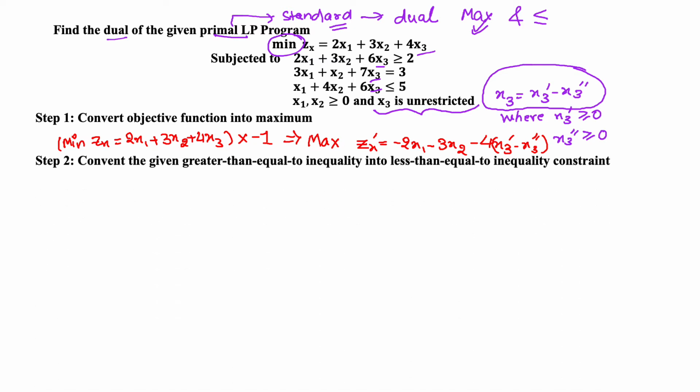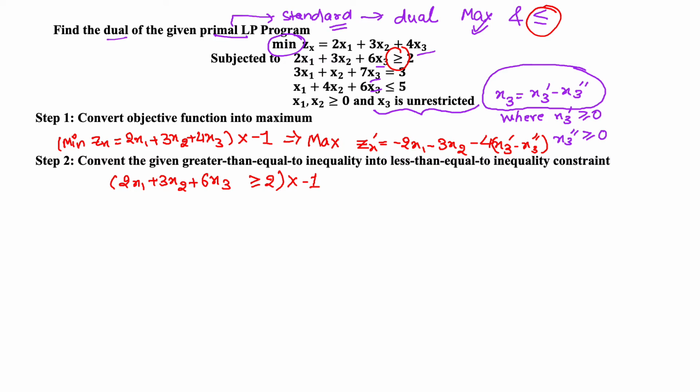Similarly, we will convert our greater than or equals to constraint into the form of less than or equals to. For that also we will multiply our constraint equation by -1.